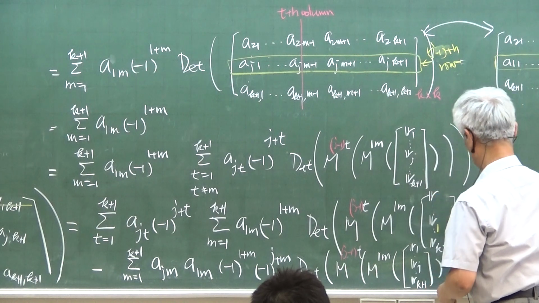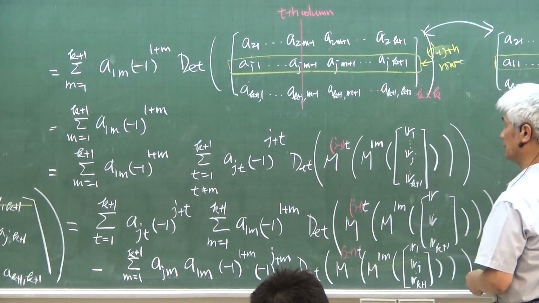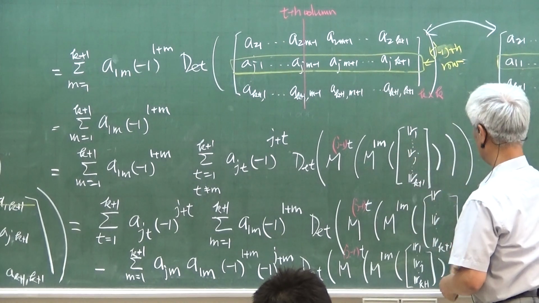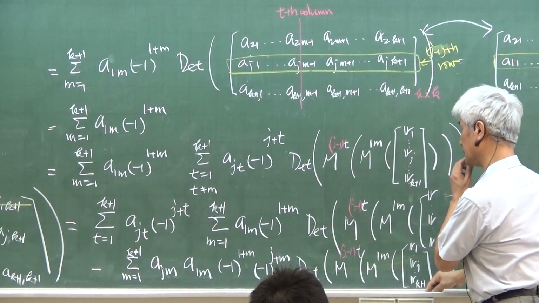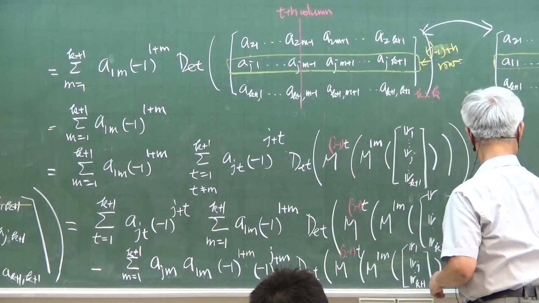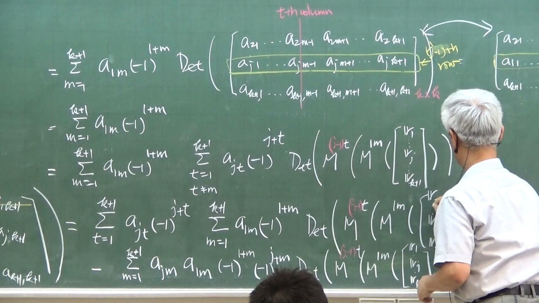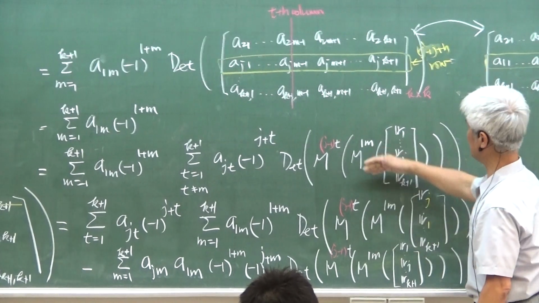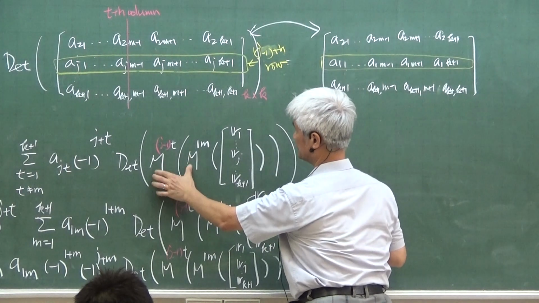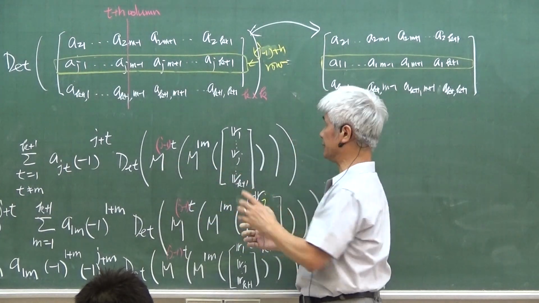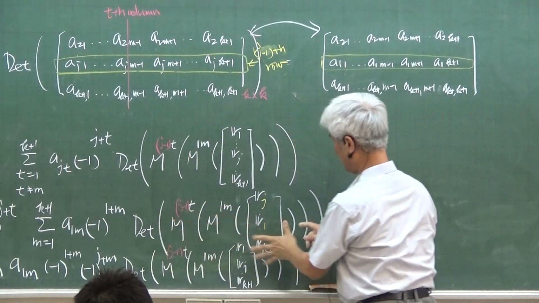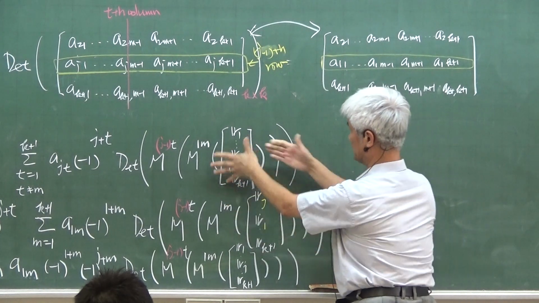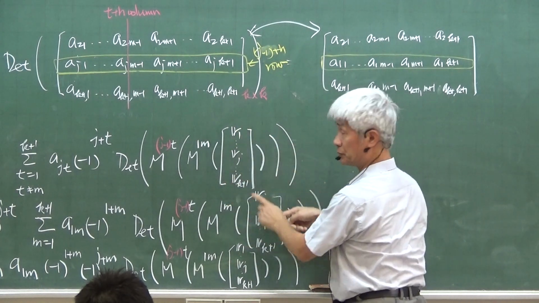Okay, so in here I have j here and 1 here. Because these two, after taking two steps of minors, the k minus 1 times k minus 1 matrix will be the same if we exchange the two rows.